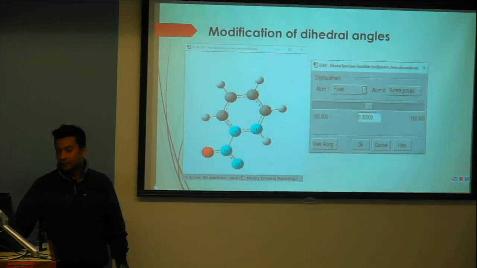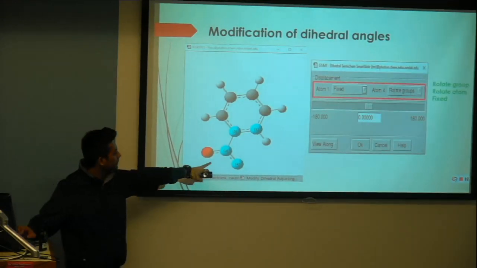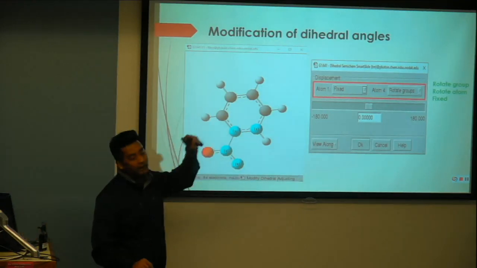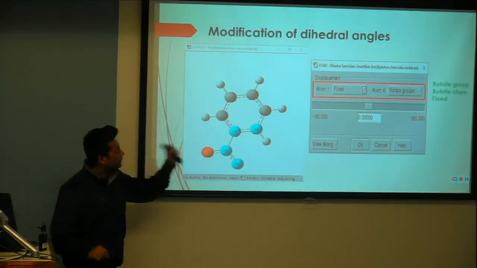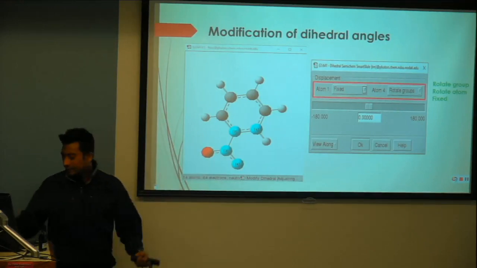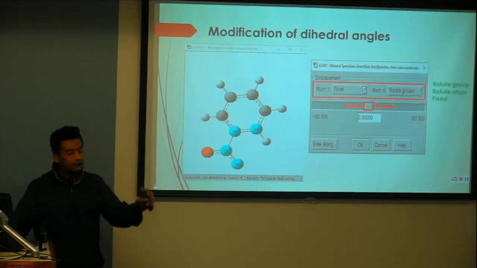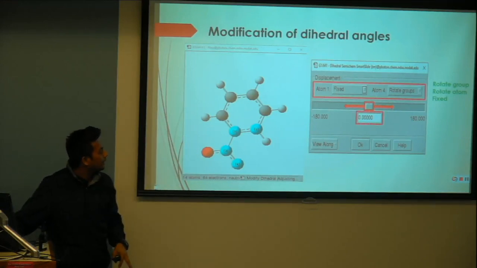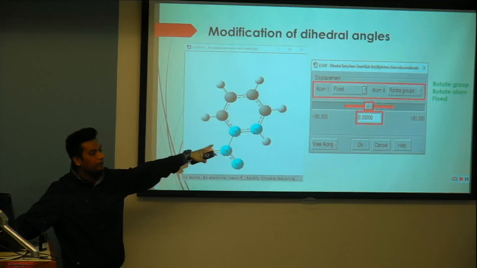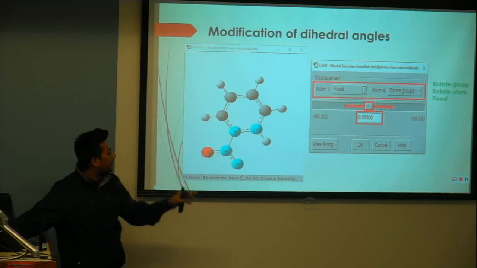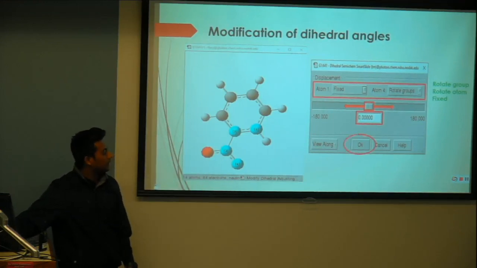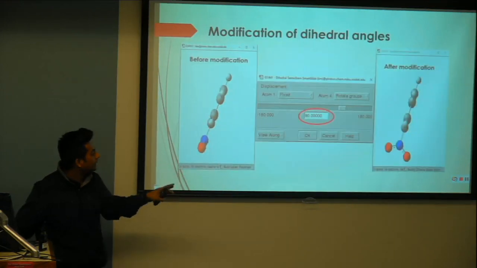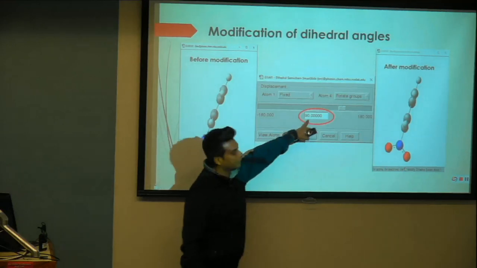After you select these 4 atoms, this window will appear, and there we have 3 options like before. So for this one, you can make the angle less or more, or you can put the specific angle over here, and you click OK. It works. Now for this example, I put 90 degrees.